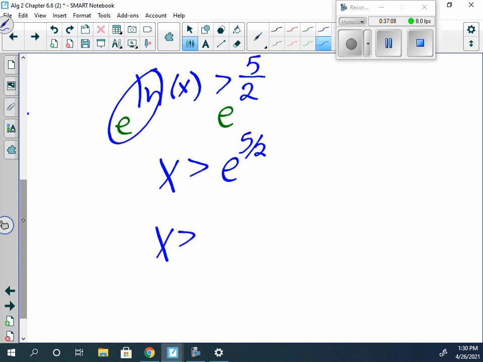At this point here, we just need to type e to the 5 halves into the calculator. Because if we type this into the calculator, we'll get 12.1824, and it continues on.